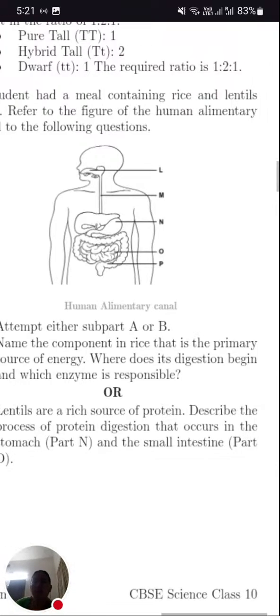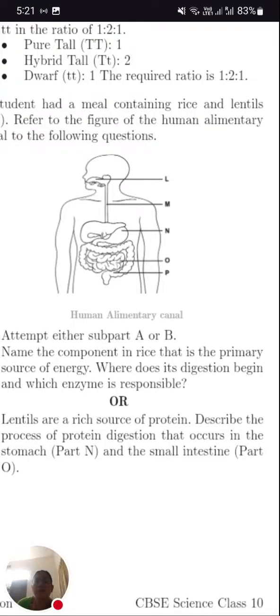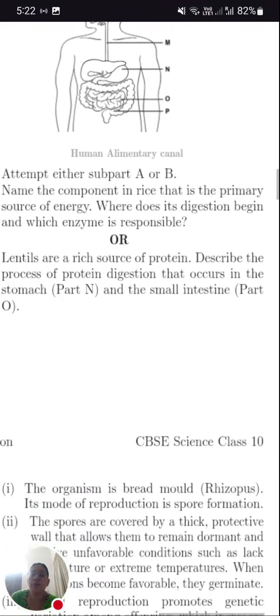Now we need to start with the small intestine. The small intestine secretes intestinal juice where the complete digestion of carbohydrate, protein and fats will be done. Now the protein is in peptone form. So here peptones get converted into amino acids in the small intestine.